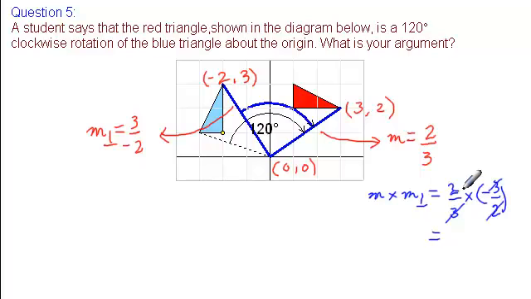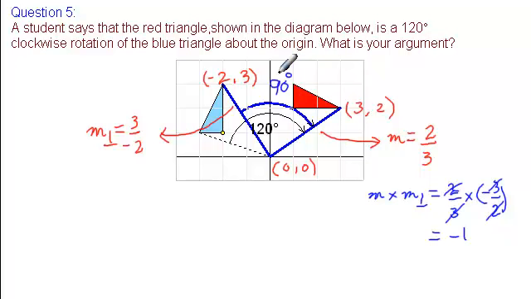We can see that the product of these two slopes is negative 1. So the two blue segments connecting the corresponding vertices of the red and the blue triangle are perpendicular to each other. So the angle between them is 90 degrees.